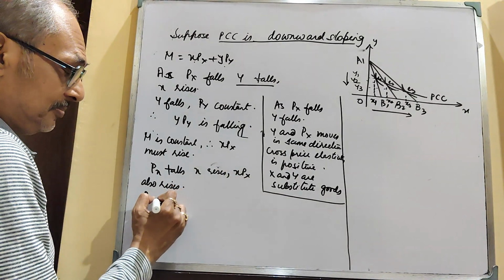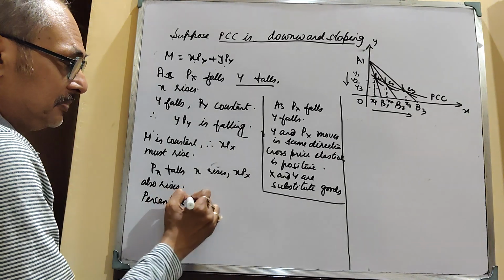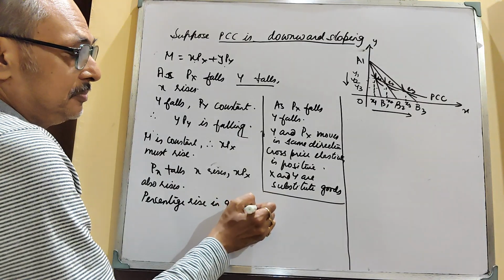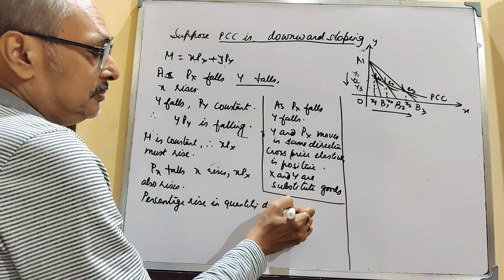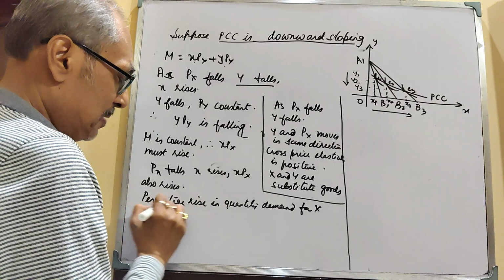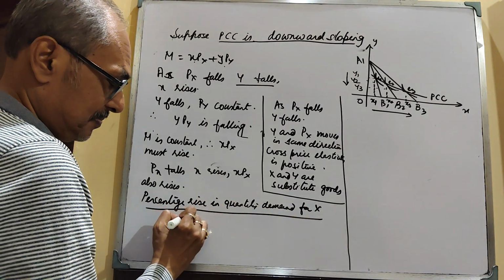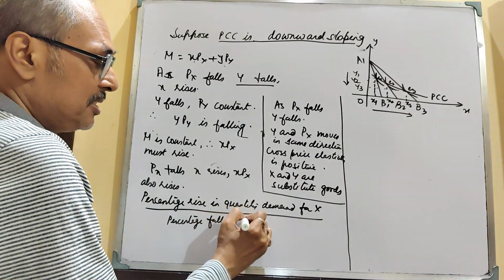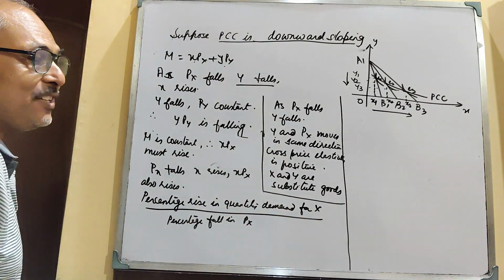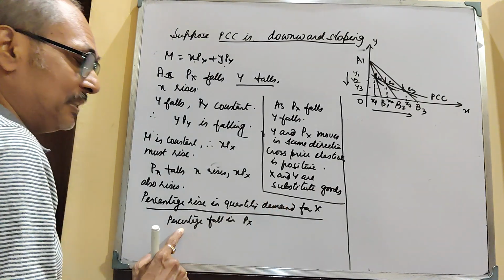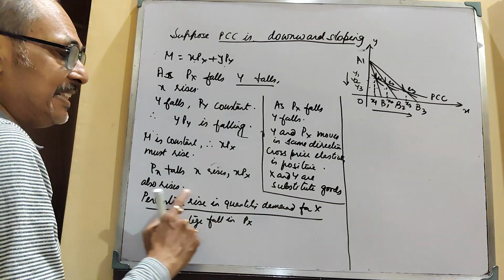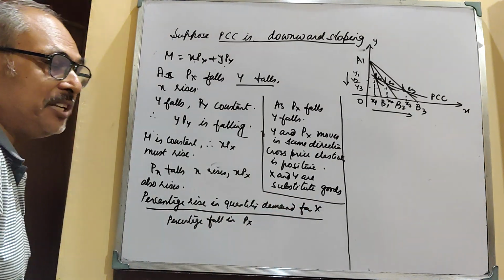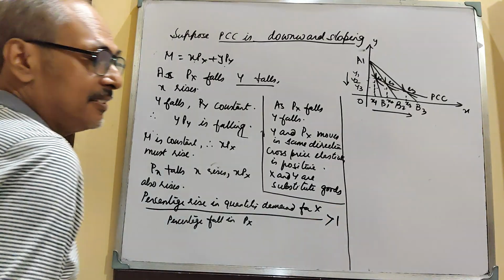The percentage rise in quantity demanded for X is greater than the percentage fall in Px. Therefore, this ratio is greater than 1.